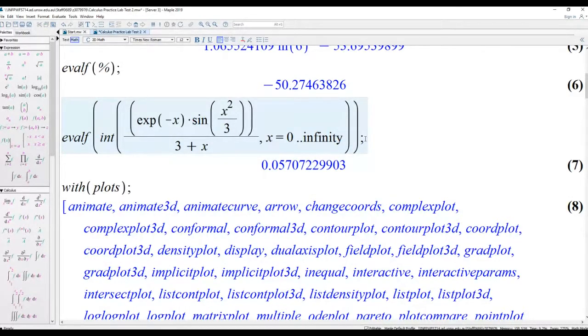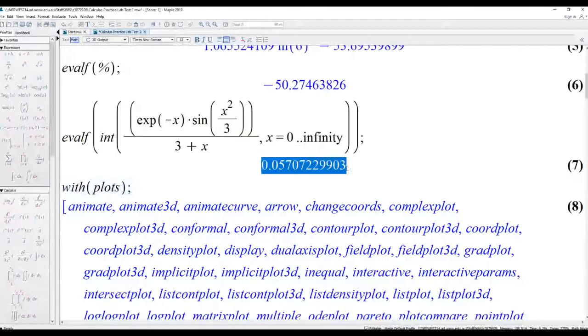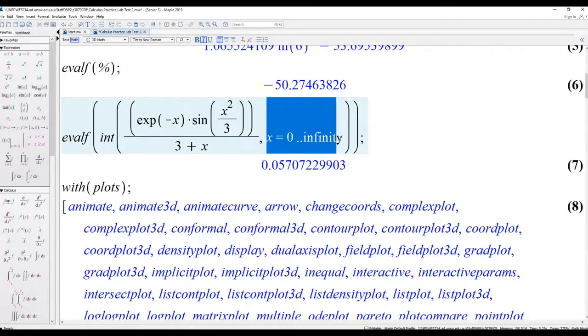I've just put that in like that. Maple takes a little while to do that, and then I just copied and pasted that into the window. So you've got the exponential times the sine of this divided by that, and you're integrating with respect to x from x equals 0 towards x equals infinity. So that's kind of the syntax.